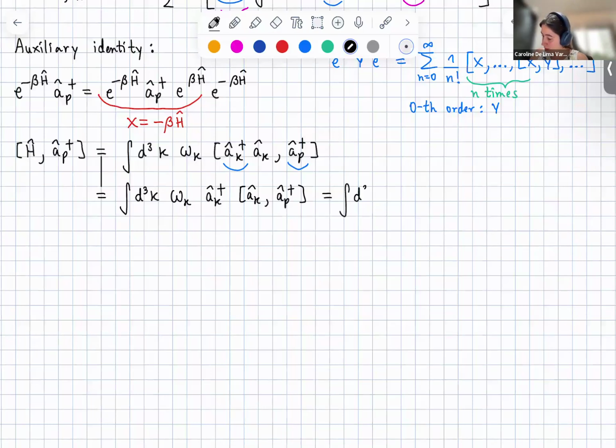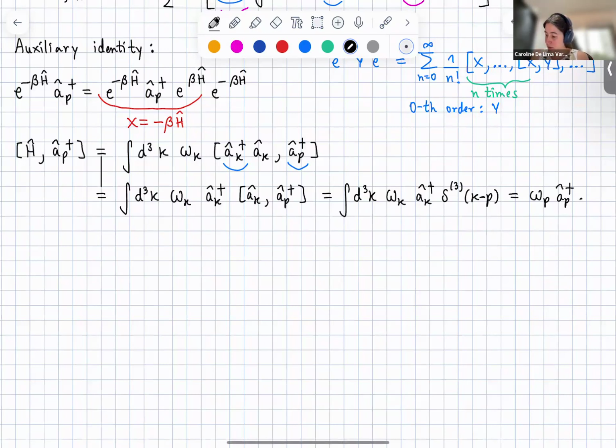This is d^3k omega k a_k dagger, and then this delta^3 of k minus p, and therefore what this gives is omega p a_p dagger.